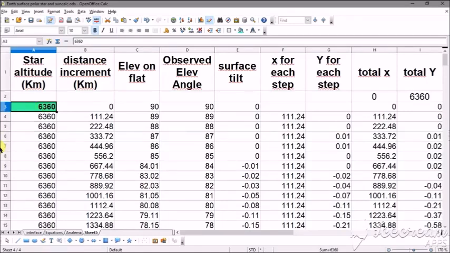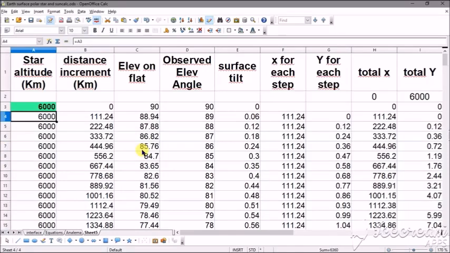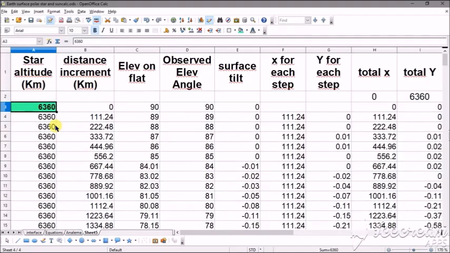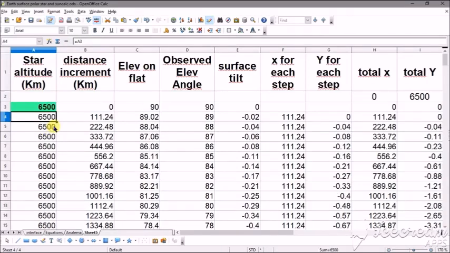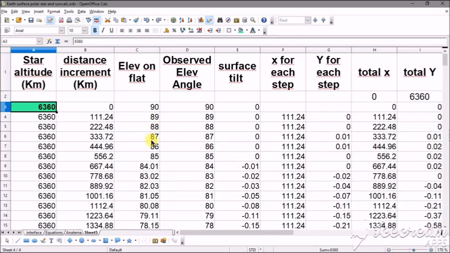Now if we change that to just 6,000, you see that some change happened earlier than the first one. If we go back to, let's say, 6,500, again there's a change that happens earlier, and that change is not really big as we see here. So back again to 6,360, this is the best reading.